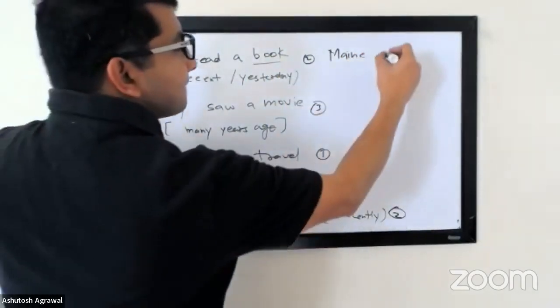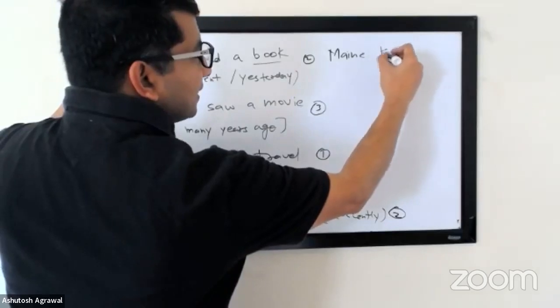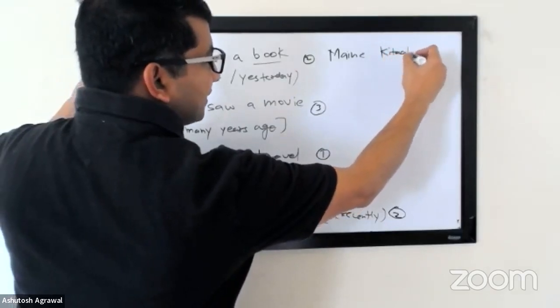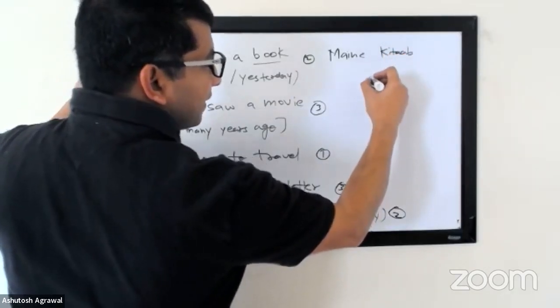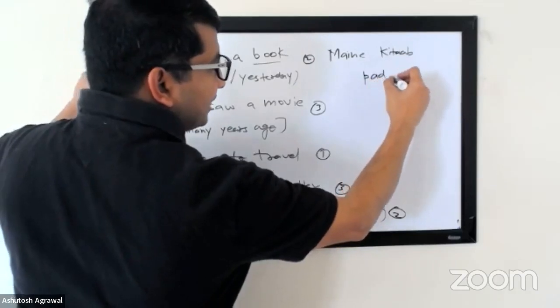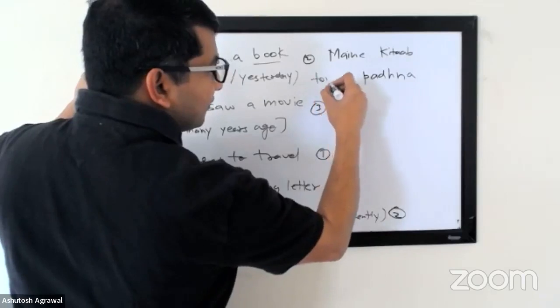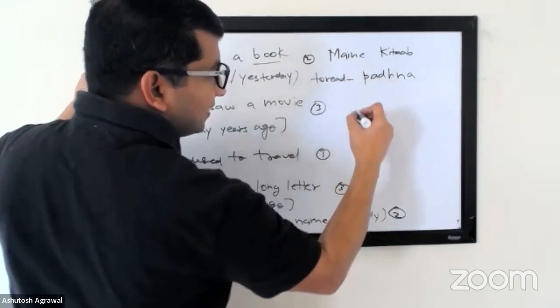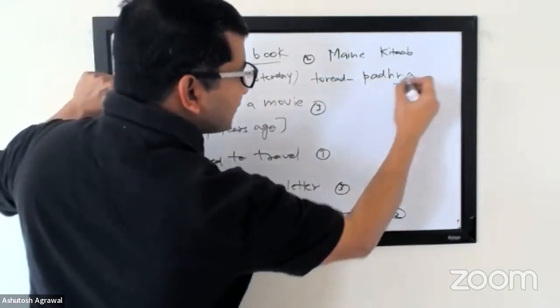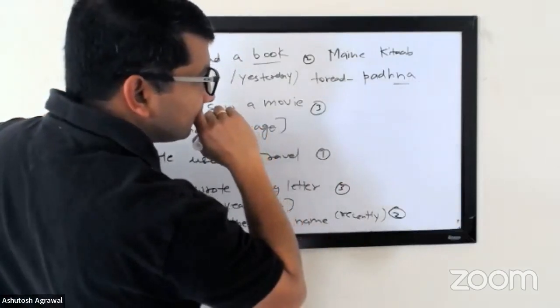मैंने किताब, and the verb is, what is the verb to read? पढ़ना, right? The verb to read is पढ़ना. This part you know, right, Anay? Okay.